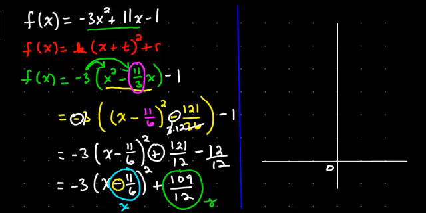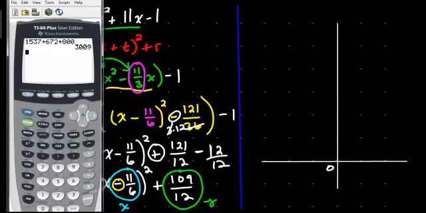11 sixths is going to be less than 2. And what's 109 over 12? Let me get an estimate of that. 109 divided by 12 is about 9.08.